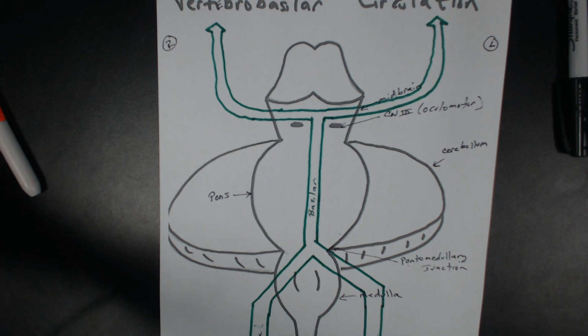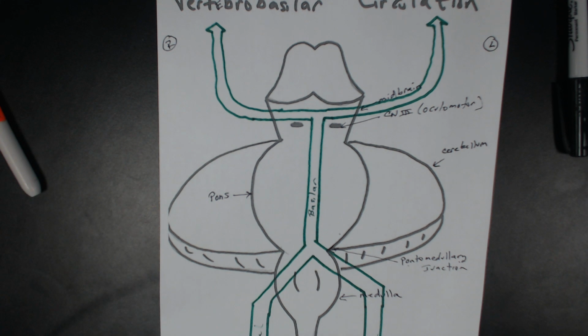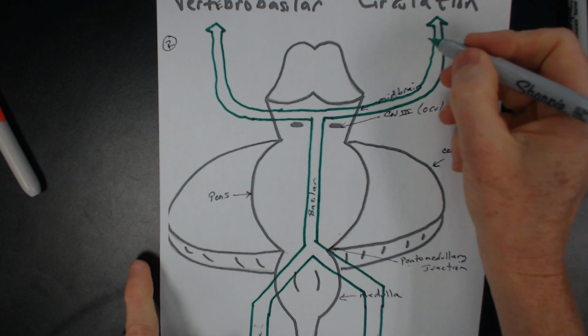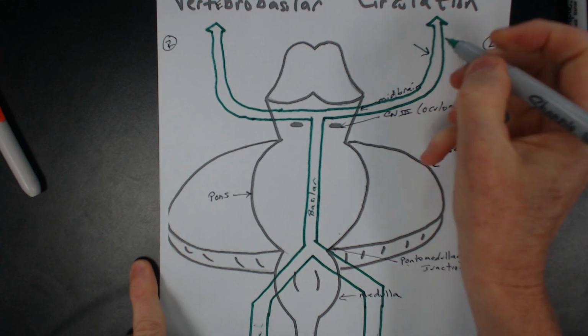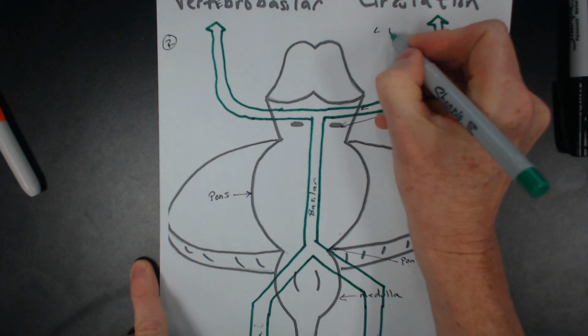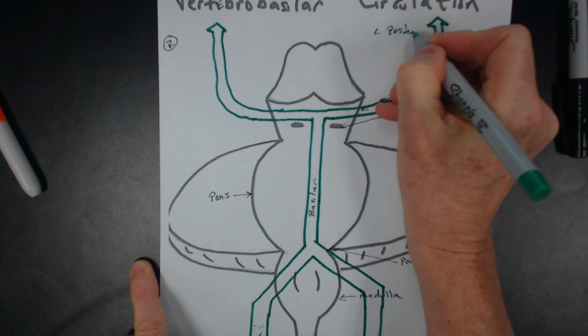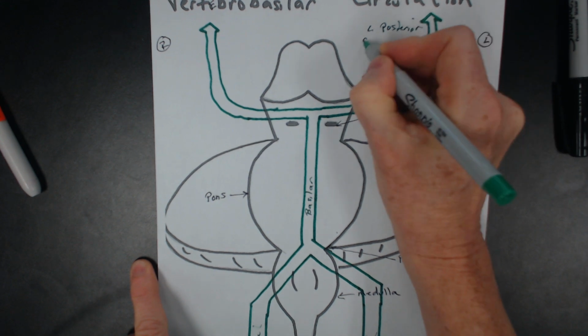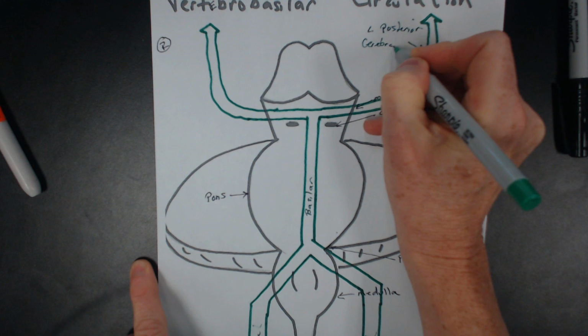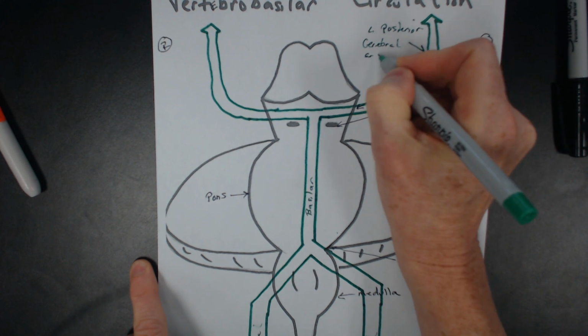Does anyone know what artery that is, by chance? It supplies your occipital lobe with blood. It's called your posterior cerebral artery. So here's your left posterior cerebral artery.